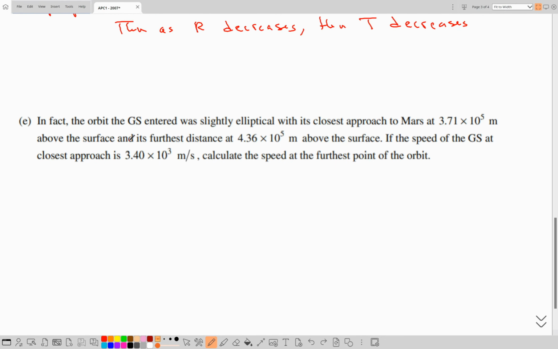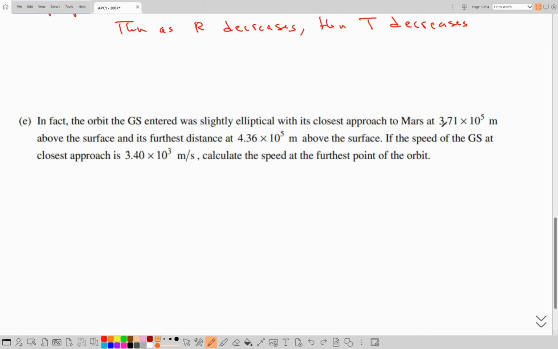The other thing is that they're measuring the distance with respect to the surface, and this is very important. We know that one trick always appears related to distances. Whenever we're using relations related to planetary motion, R is the center to center separation distance and not with respect to the surface. So now let's continue.